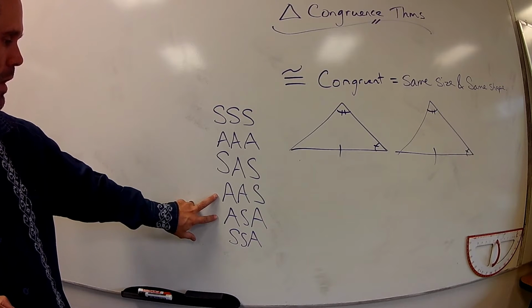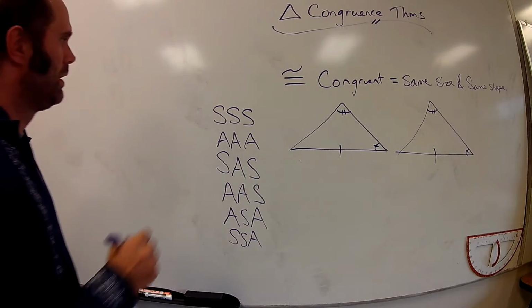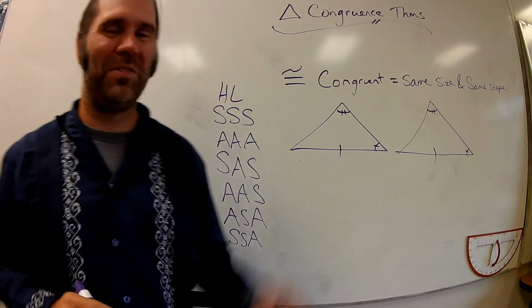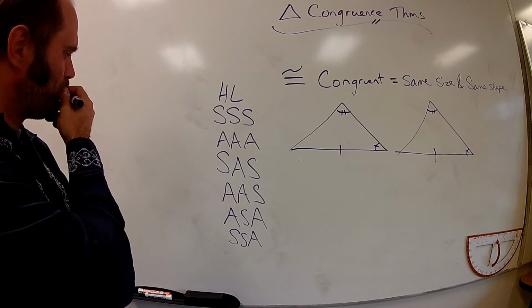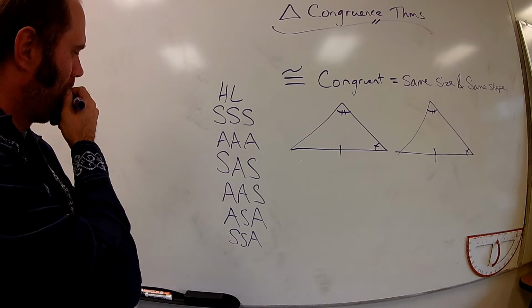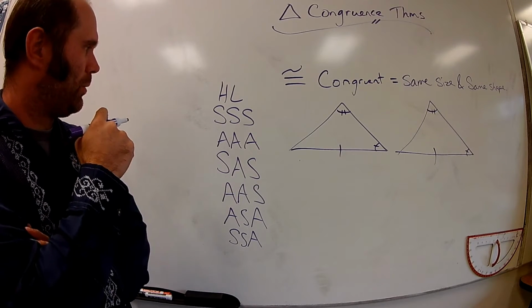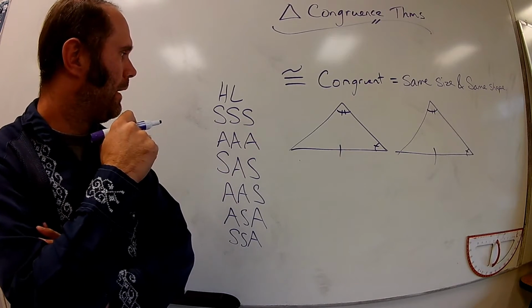And then there's one where you just have HL. So I think we've got all the combinations. I do believe we've got them all. If not, I'm sorry, we'll have to come back and look at those. But I think we've got them all.